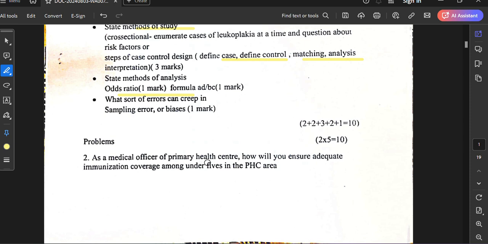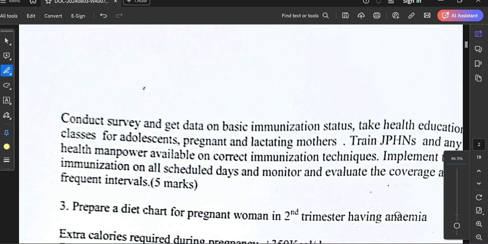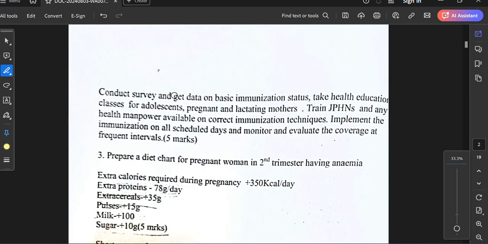Next is a problem-based question, a 5-mark question. As a medical officer of the PHC, Primary Health Center, how will you ensure adequate immunization coverage among the under-5s in the primary health center area? So, to ensure this in your area, you should have an idea about that population.